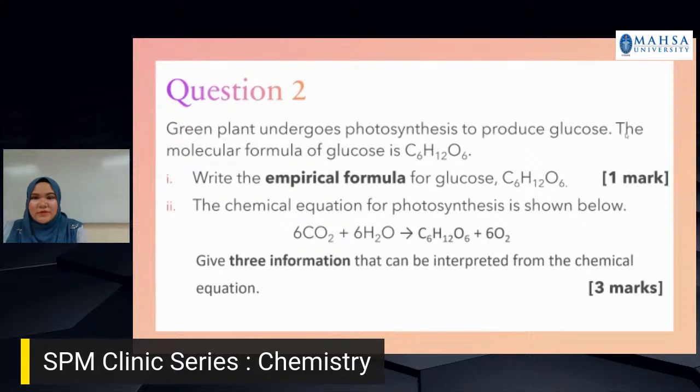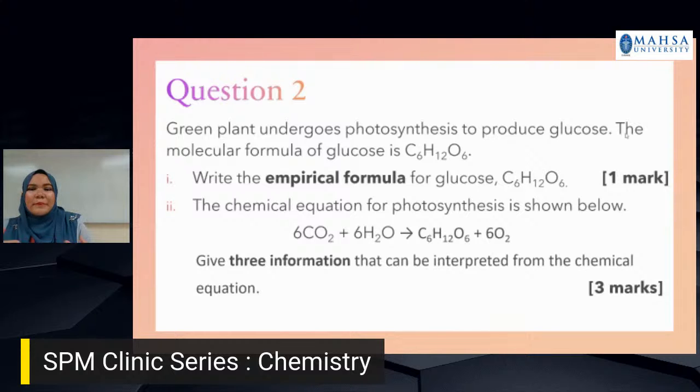So according to this information, like I said before, the difference between molecular and empirical: molecular refers to the actual number of elements for that particular compound. But when you have empirical, it will give you the ratio of your elements inside that particular compound. So for this case, it will be glucose.